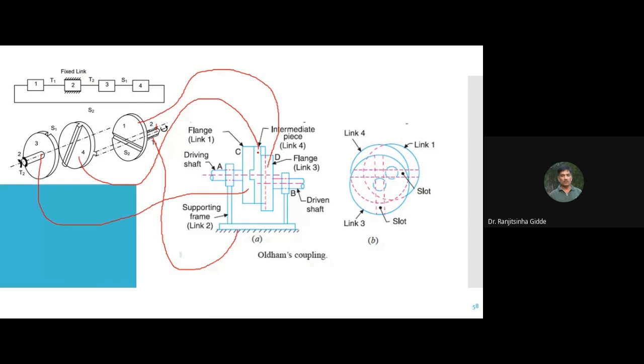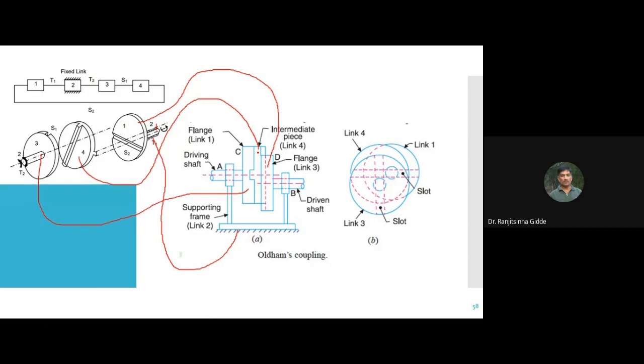Oldham's coupling is used to connect two parallel shafts having allowable eccentricity, or you can say that it has a small distance between the two.